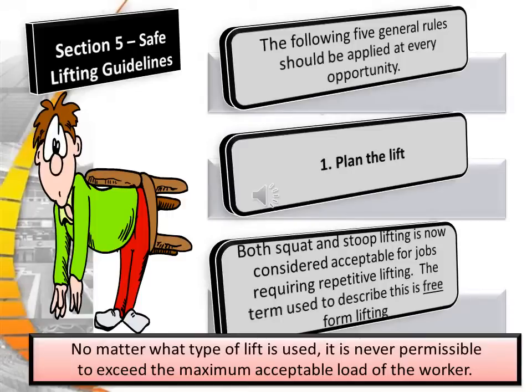Both squat and stoop lifting are now considered acceptable for jobs requiring repetitive lifting. The term used to describe freeform lifting. No matter what type of lift is used, it is never permissible to exceed the maximum acceptable load for the worker.